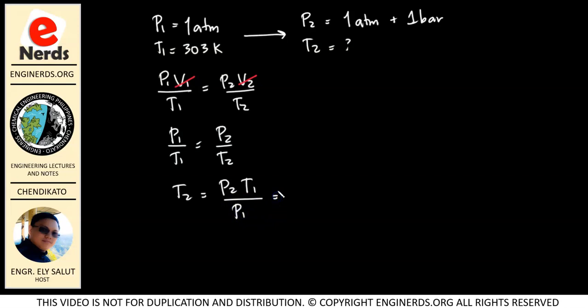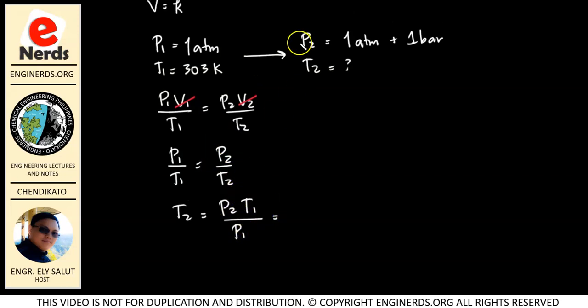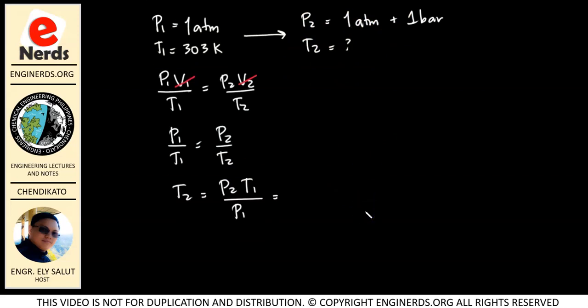Okay? So, now let us substitute our values. Our P2 is equal to 1 atmosphere plus 1 bar. Now, let us be clear about the units we will use, because our units need to be consistent. Okay, I'm going to convert all of our pressures into kilopascal, so that we are consistent. So, what are our conversions? 1 atmosphere is equal to 101.325 kilopascal.